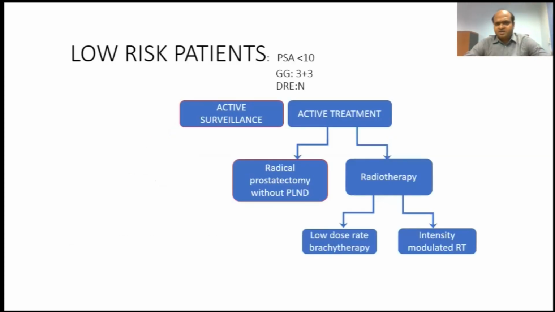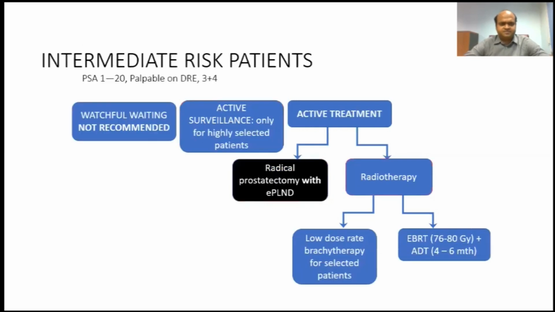In low risk patients, that means when the PSA is less than 10 with a low Gleason grade, the treatment options are wide, which include active surveillance, radical prostatectomy, and radiotherapy is also an option. However, the preferred options are either active surveillance or radical prostatectomy.